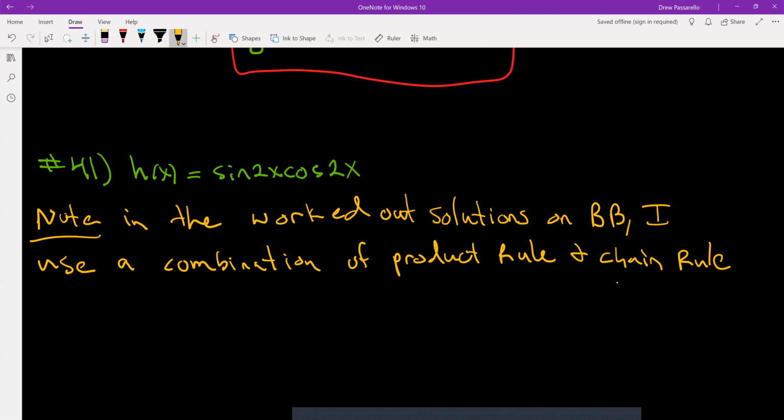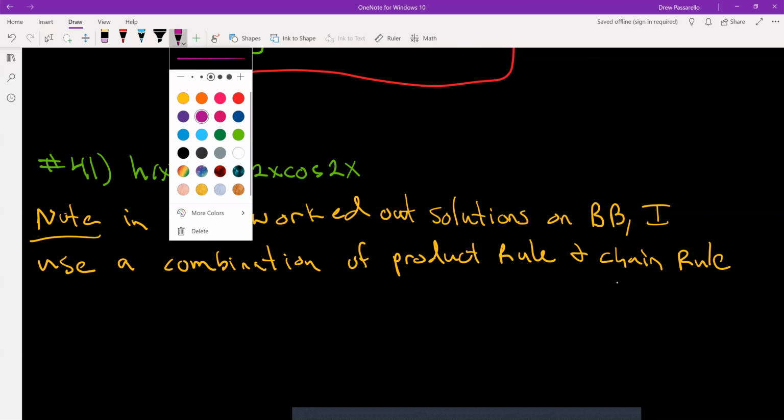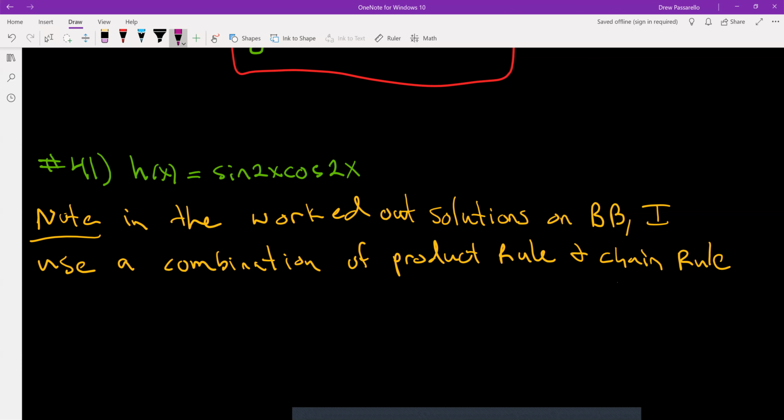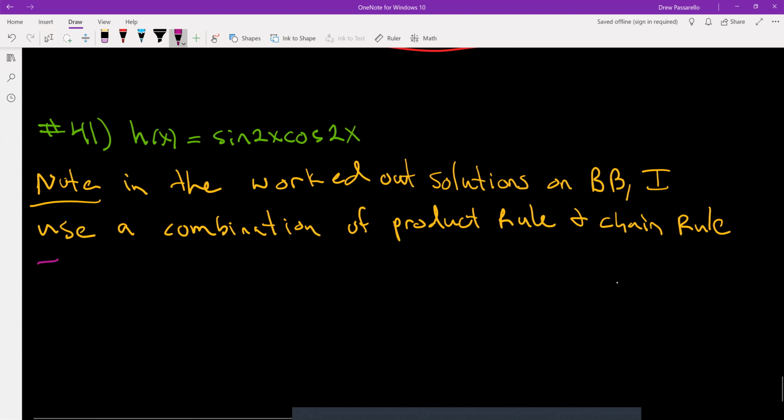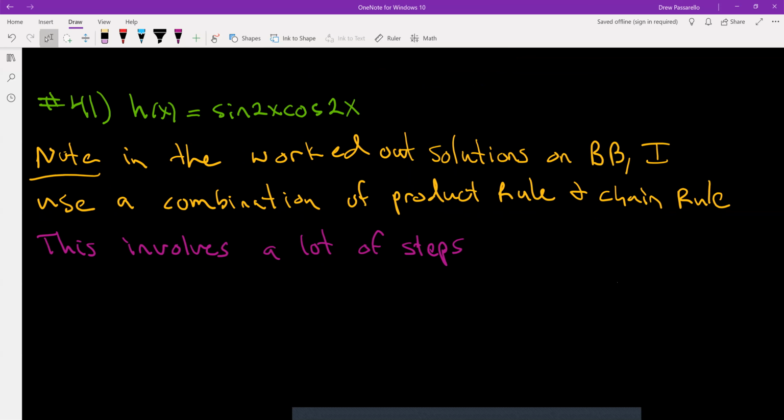So your inside function for each of these is 2 times x. So instead of doing it this way, because this involves a lot of steps, I'm going to try to use a trig identity.